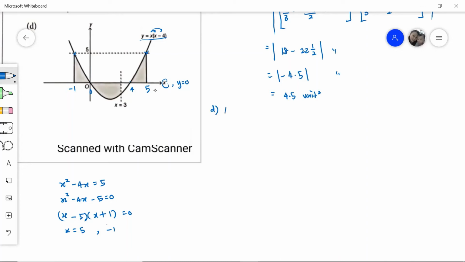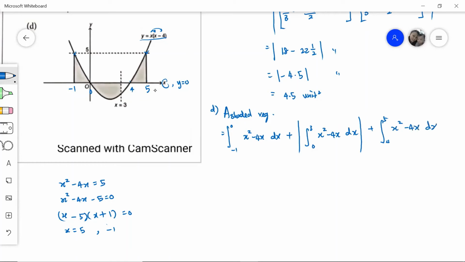So with that, to find the area of the shaded region, we have to integrate from negative 1 to 0 of this x squared minus 4x with respect to x, plus the modulus, okay? Integrate from 0 to 3, x squared minus 4x dx, then continue to plus from 4 to 5, x squared minus 4x dx.